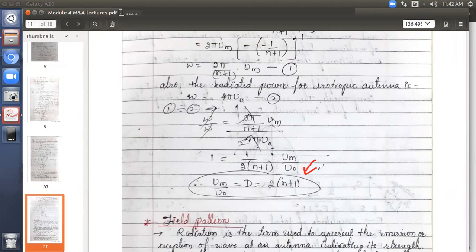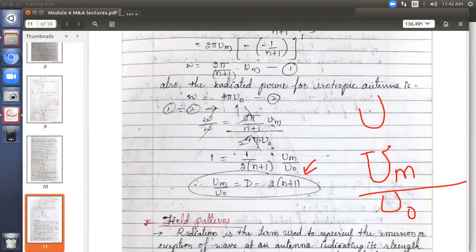Okay. In the next session, we will see about the field patterns. Basically, in patterns, we have two types. One is power pattern, one is field pattern. Power patterns, just now we have seen, it is the graph which shows the variation of radiation intensity U. We have solved the problems based on this, wherein U was the major part, and directivity we calculated as the ratio of U_m by U naught.